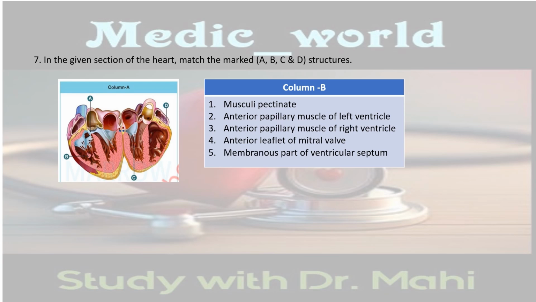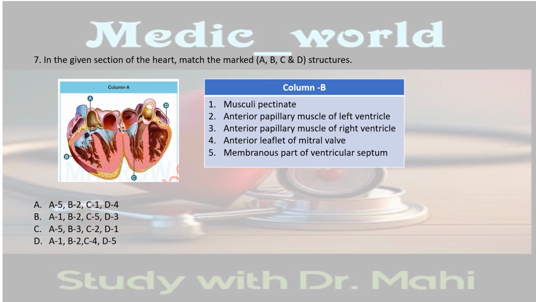Here, this segment is more muscular one, so it is the left one, and it is the right one which is less muscular. Now, let's identify the structures. The structure which is marked as A is the membranous part of interventricular septum. So, A is 5.